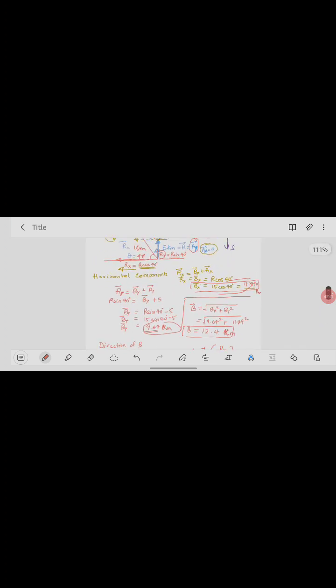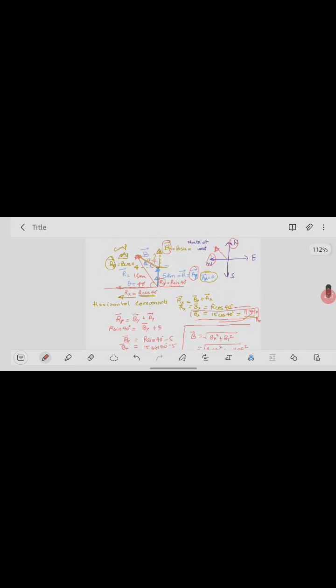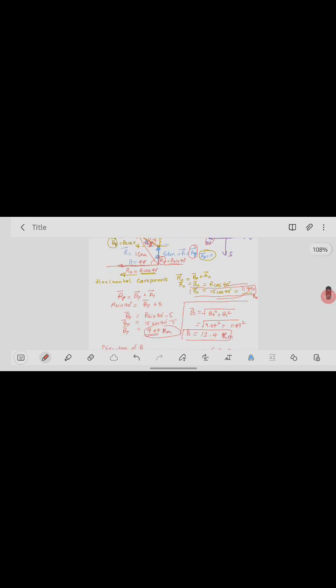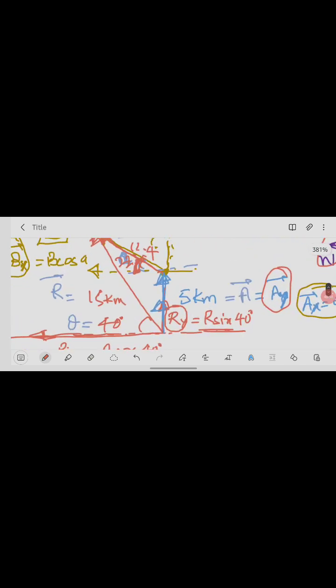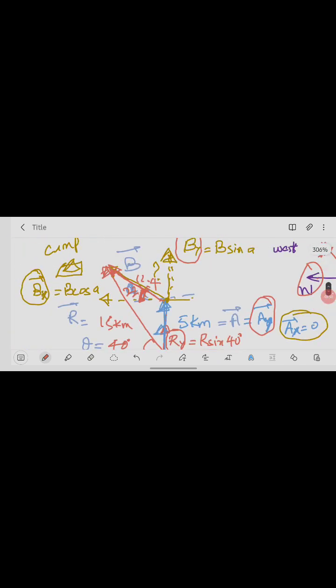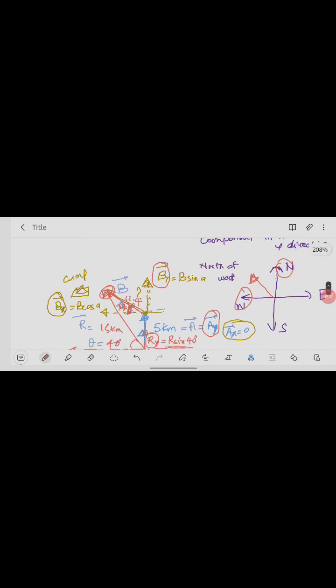So it means you have to go 12.4 kilometer at which angle? At 22 degree. Understand that? So this is the 22 degree angle you need to go to reach the camp. This is how you can solve the question in a simple way, step by step.